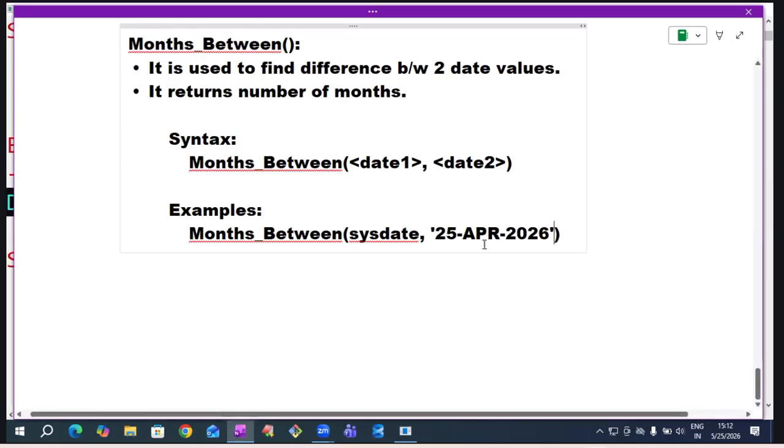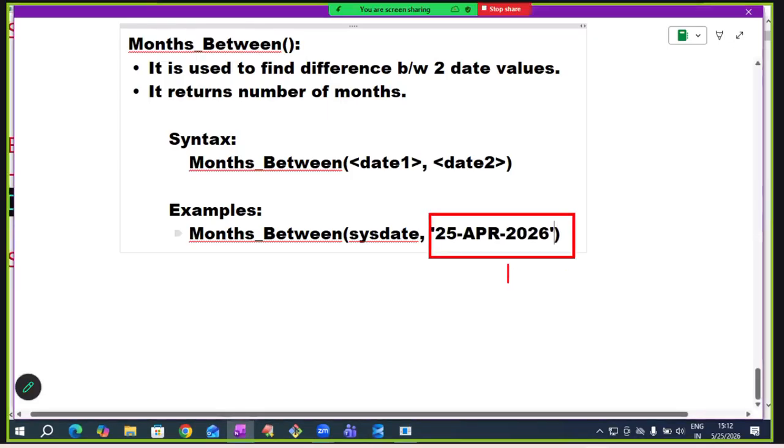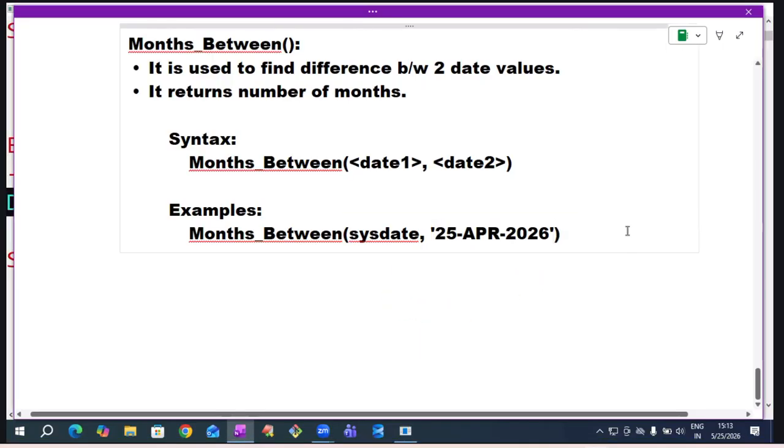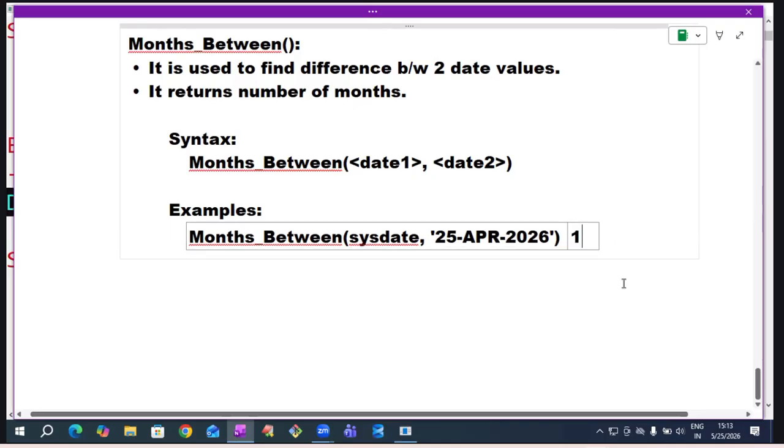This is the lower date, this is the upper date. Today's date means 25th May. So from the second date to the first date, how many months gap is there? From 25 April 2026 to 25th May 2026, how many months gap? One month.